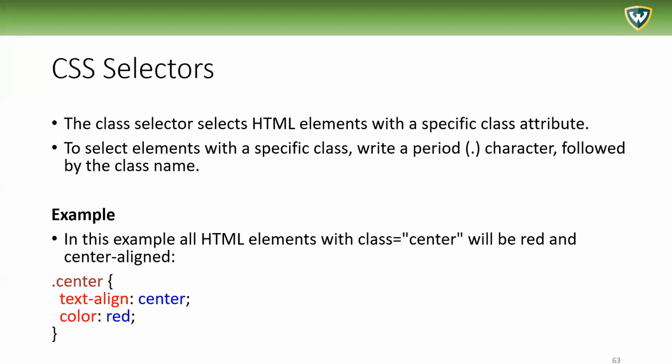So the class selector selects HTML elements with a specific class attribute. It's very similar to the ID, but we use the period instead of the hashtag. So to select elements with a specific class, write a period character followed by the class name. It's the same idea, except some elements usually use class and some elements usually use ID. So the class uses a period and the ID uses a hashtag.